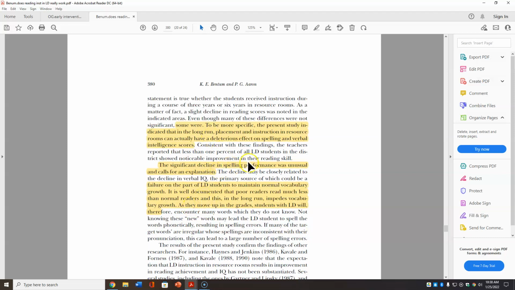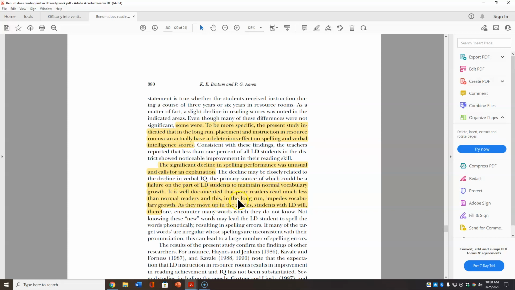The significant decline in spelling was unusual and calls for an explanation. Again, this is why we have the discussion. All right. Decline may be related to decline in verbal IQ, which could be a failure to maintain normal vocabulary growth.